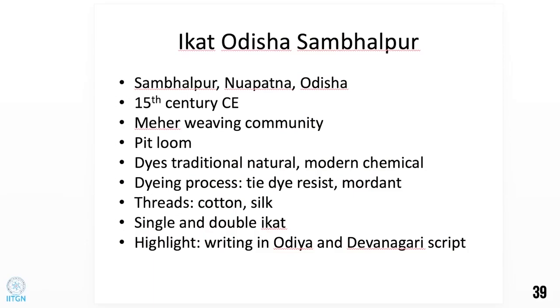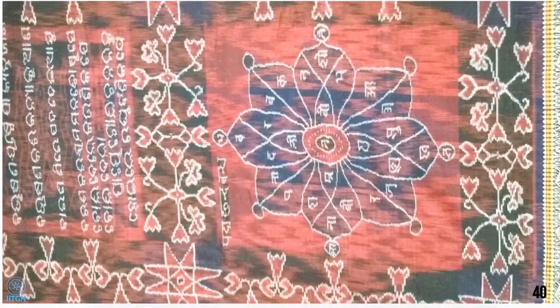It's made in very limited quantities. This is tantric magical of a different kind. This has writing in both Devanagari and Odia script. There are also entwined snakes, that is the other motif that is part of this particular sari. This is called Tantra Bandha, Naga Bandha sari. Bandha means binding, Bandhodaya is the process.